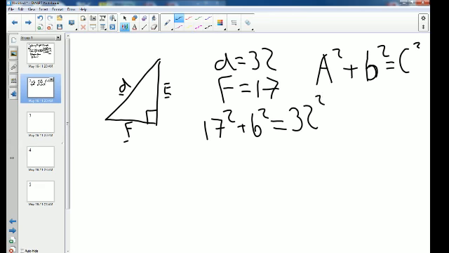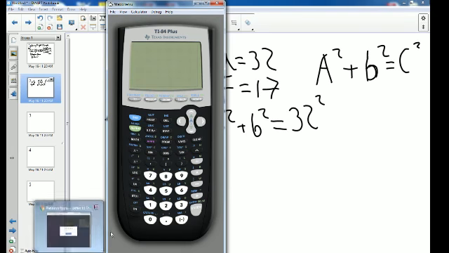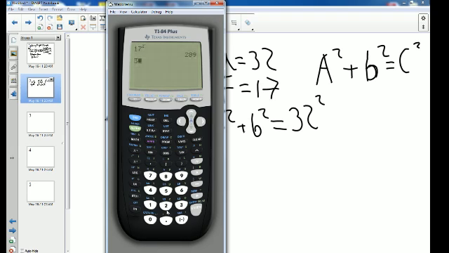So to make our life easier, we're going to use the calculator: 17 squared and 32 squared.